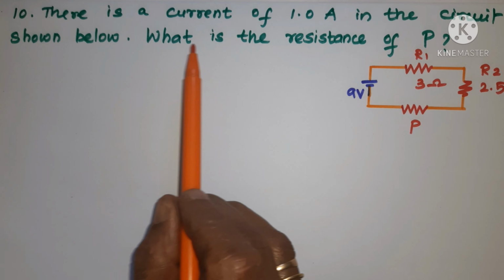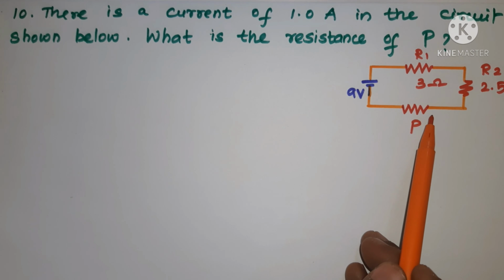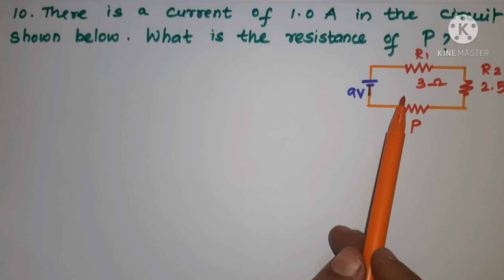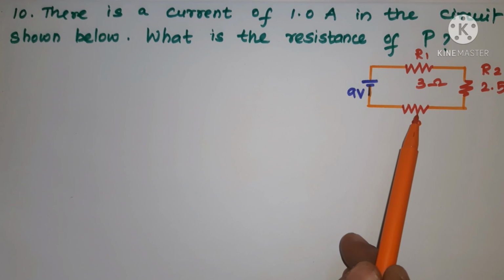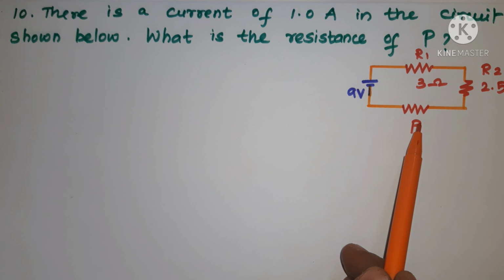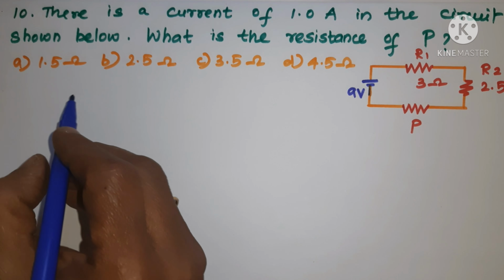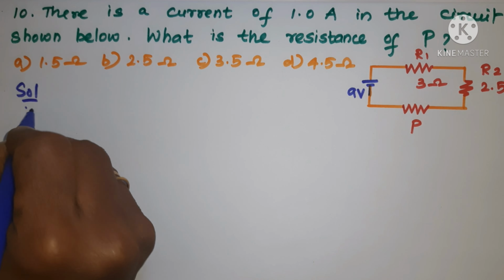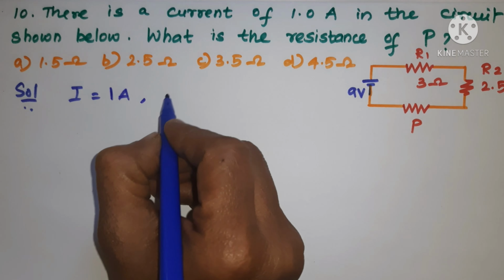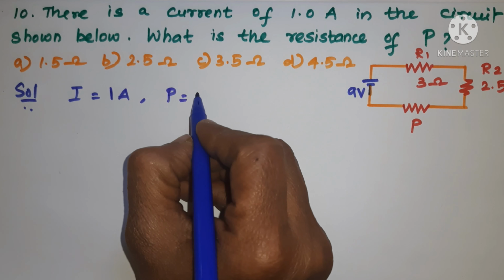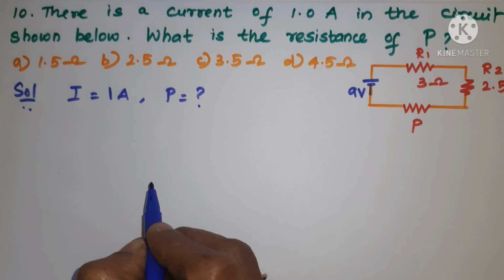Next one, there is a current of 1 ampere in the circuit shown below. What is the resistance of this particular resistor P? The solution is, given I is equal to 1 ampere, resistance of the resistor P is asked.